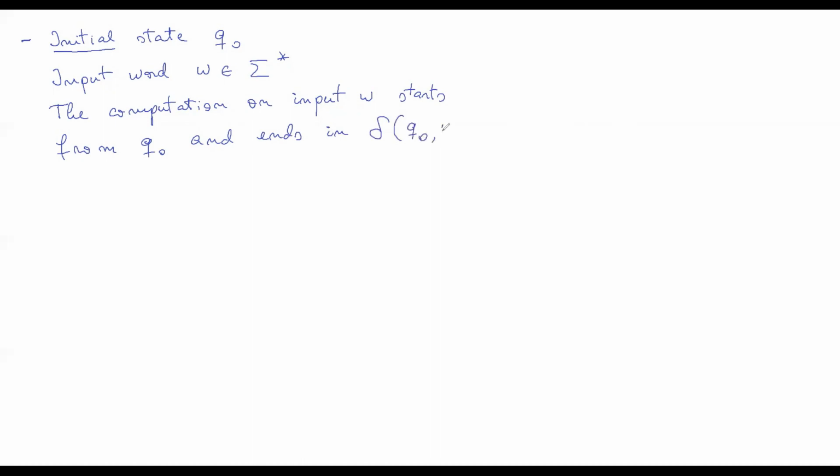So the result of this function, delta of Q0 and W. And the point is this, that we are going to have computations of two different types. The computation on W can be either accepting, so we will say this is an accepting computation, or it can be a rejecting computation.